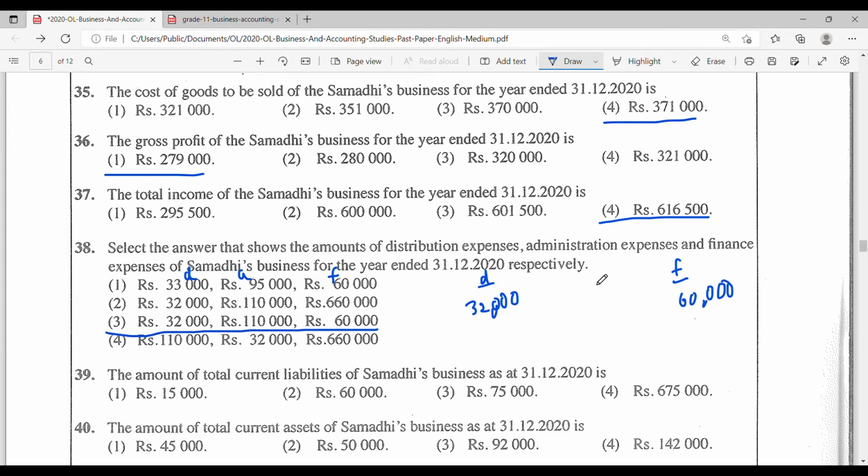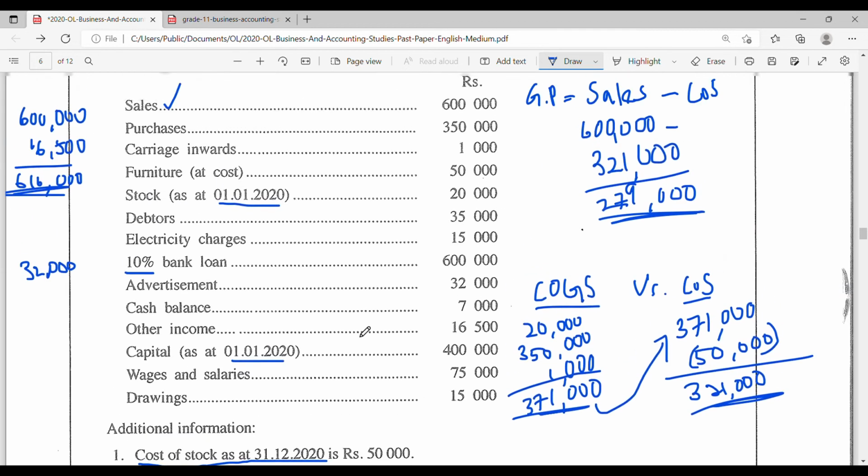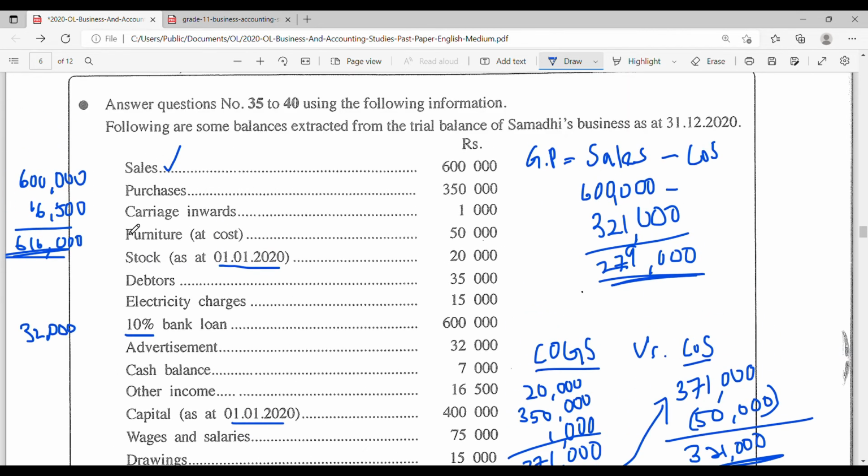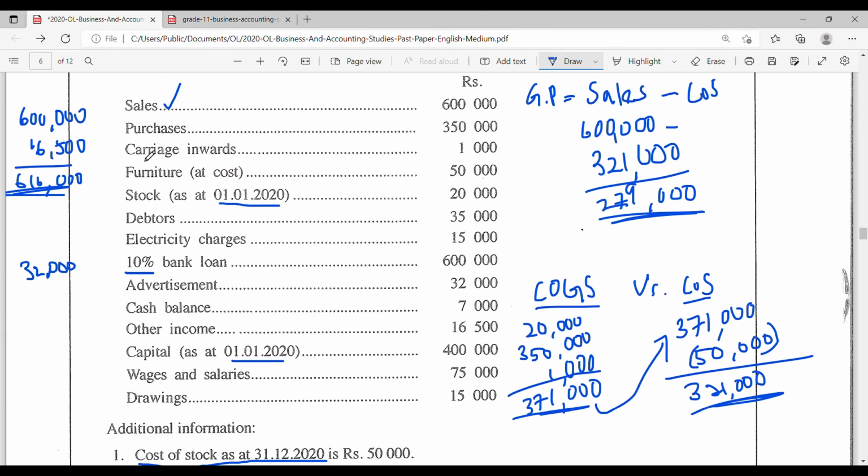But for your knowledge, let's see how we can arrive at the administration expense as well. So administration expense, here let's go through sales, purchases, carriage inwards, it's an expense but you bring it under cost of goods sold. So it doesn't fall thereafter into any other category. So we have furniture, you know furniture has a depreciation amount going in.